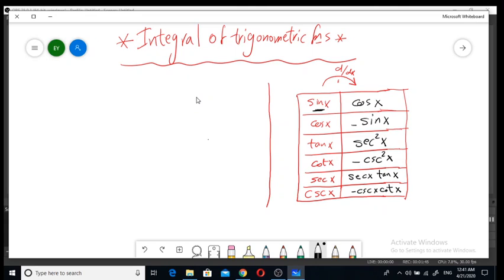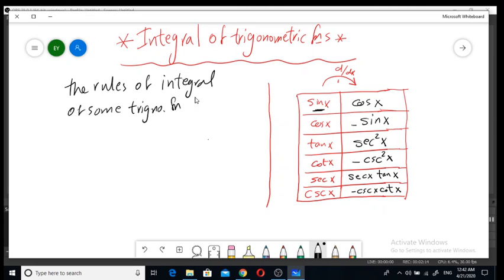By using the definition of antiderivative of the function, we can deduce the rules of integral of some famous trigonometric functions as the following.